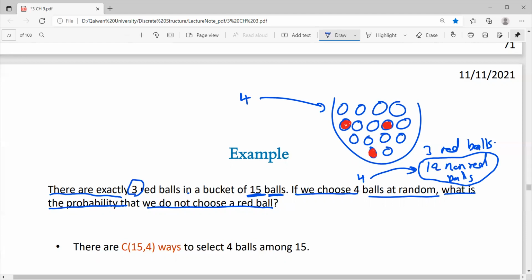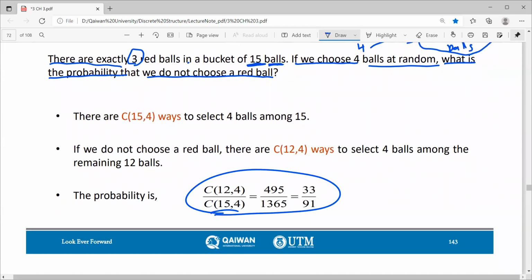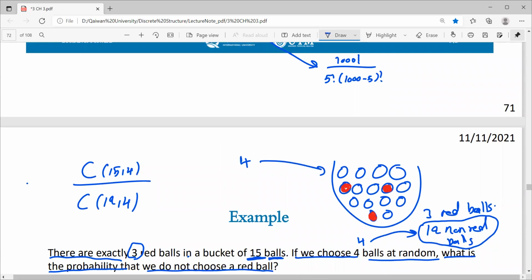Okay, we say combination of 12 and 4 dividing by combination of 15 and 4, so this is the probability of, let's say, event E. We always must divide the desired one by the total one.